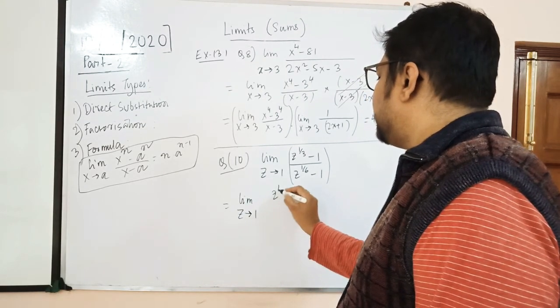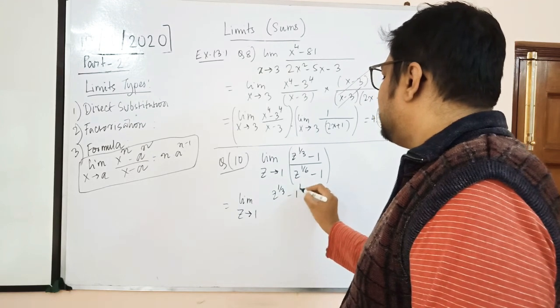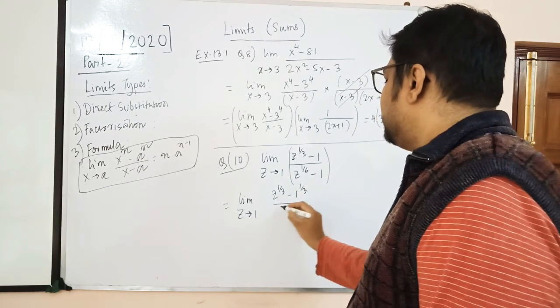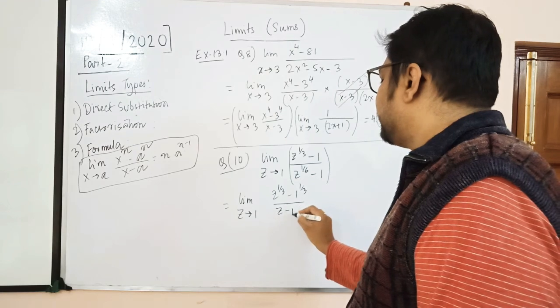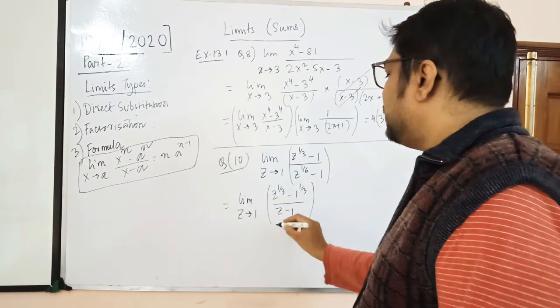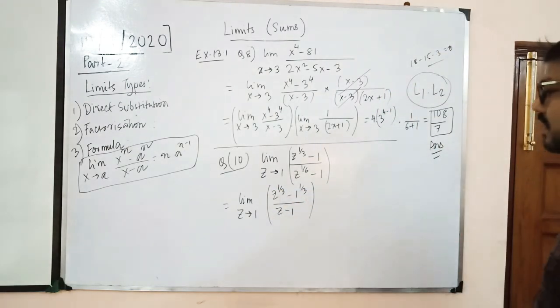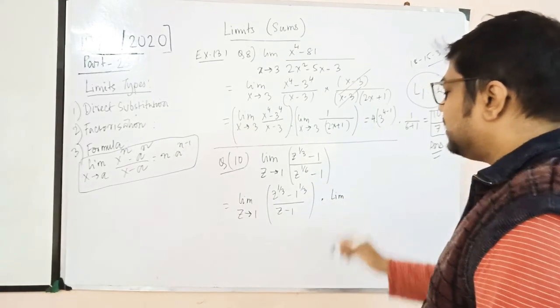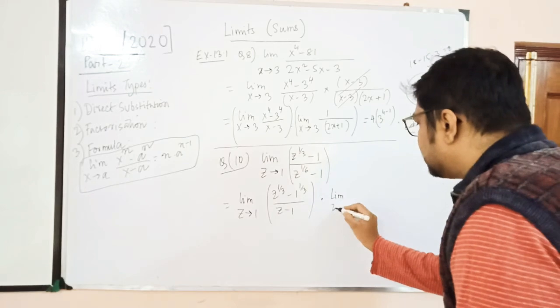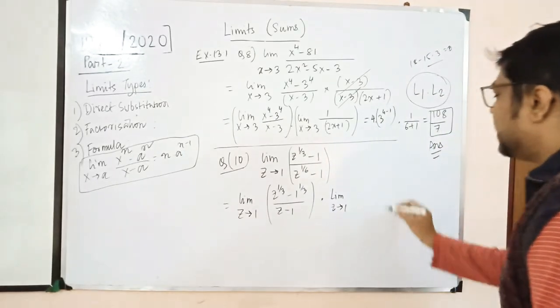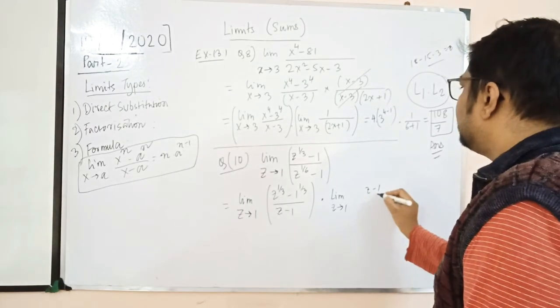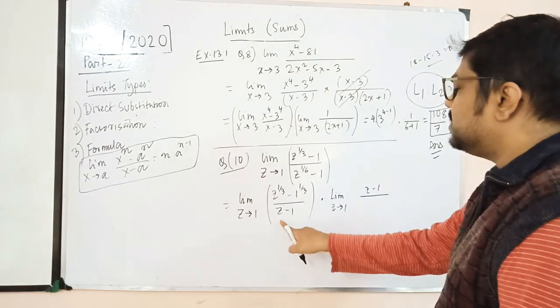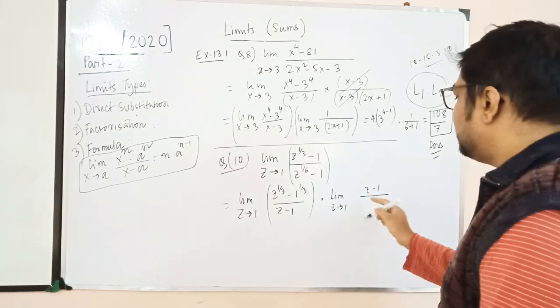I will write a z to the power 1/3 minus 1 to the power 1/3 by z minus 1. Okay. Now this is my L1. So I directly wrote in one step. Just I am writing this z minus 1 over the top, because there is a z minus 1 I have divided.